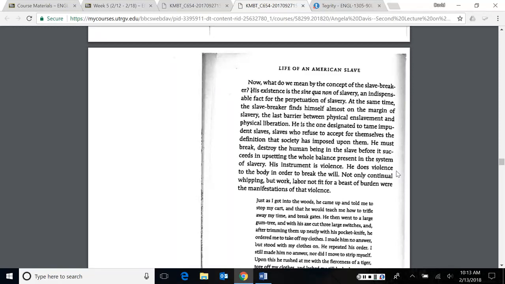But the bigger point I really want to skip to is this idea of why it's impossible for a slave to even be a slave. And more importantly, how we know that impossibility is at work in real terms. There is this idea of a slave breaker. A slave breaker was someone that came in, lived on a plantation, and when a slave rebelled, which automatically should give out the sign, right?